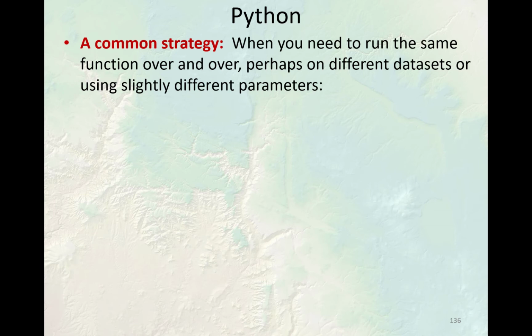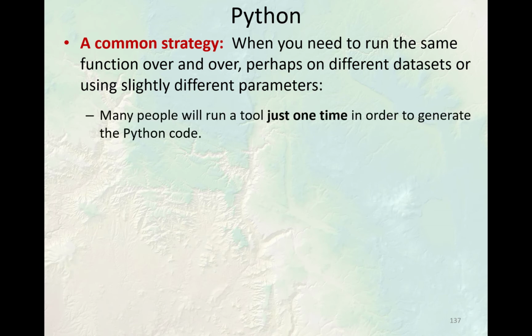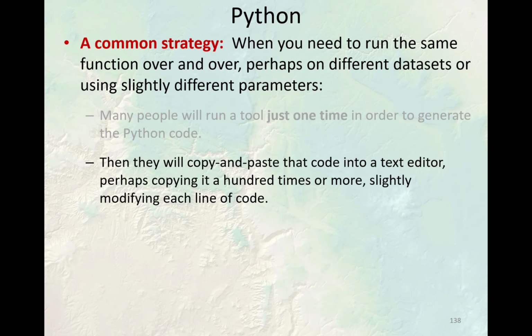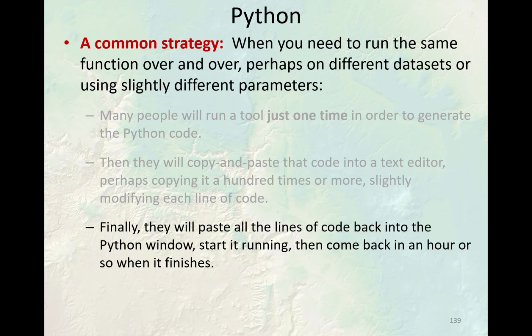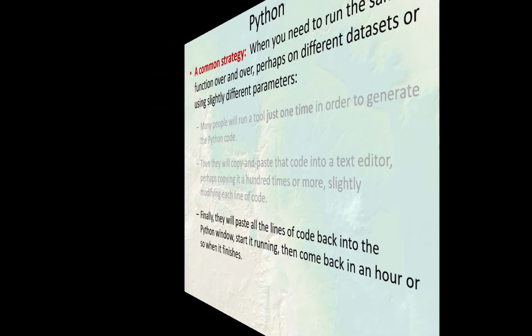And then I will copy the Python code out of that, and I will just paste it into a text editor, and copy and paste it many times, as many as I need to, and then I'll make those slight modifications to the tool in those lines of code. Then I'll paste all those lines of code back into the Python window, hit go, come back in an hour or so when it's done, and it's a great way to run a whole bunch of tools.